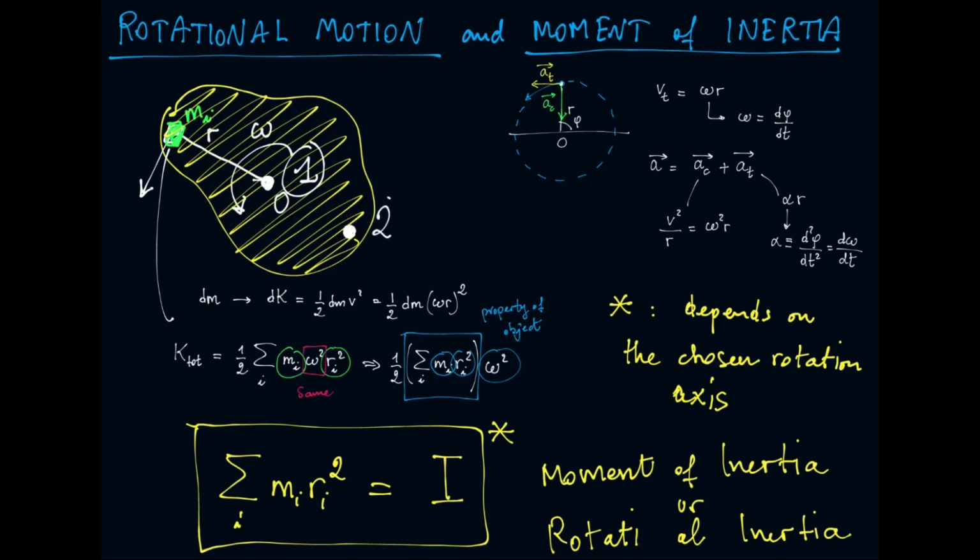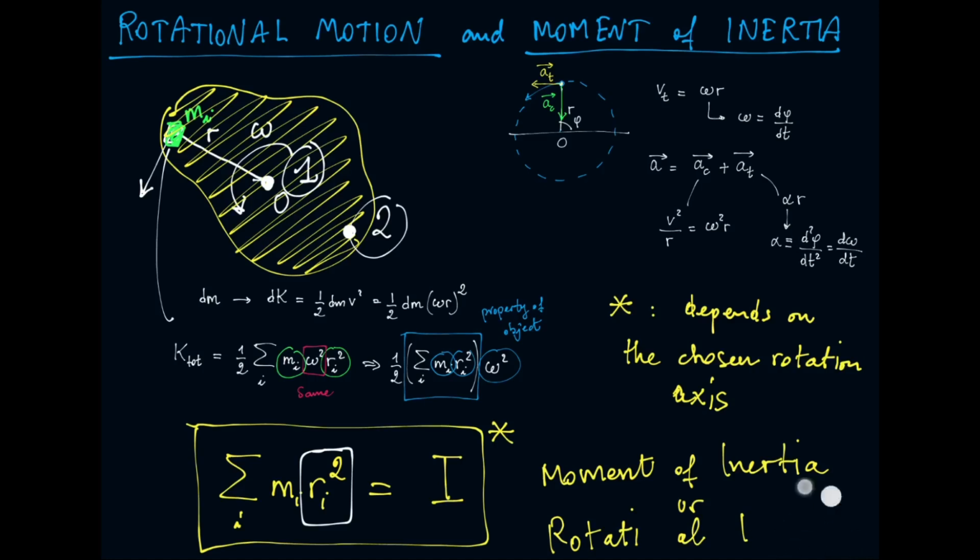Whereas if I try to spin it around 2, the whole thing needs to rotate around it. It seems intuitive that it should be more difficult, or at least a different type of rotational inertia. And you can see it explicitly because these distances change, obviously, depending on the chosen axis.